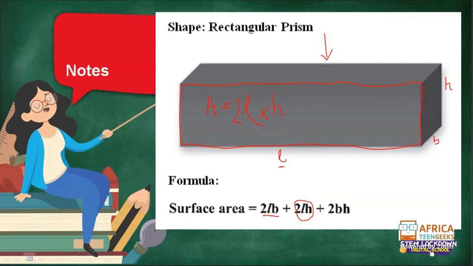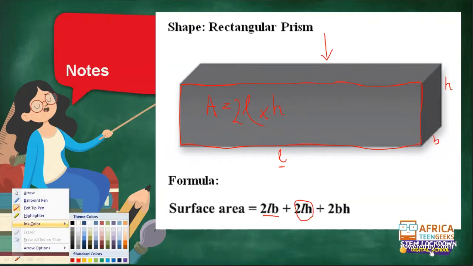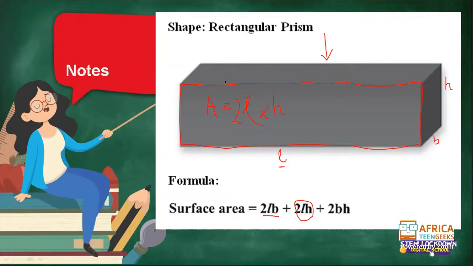Let me use another color for a different side. Now let's look at this top area. Remember, a surface area is basically the area of all the sides combined. Now this top area is exactly the same as the bottom area, right?